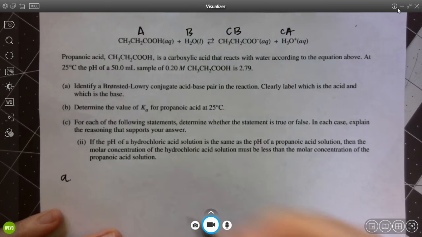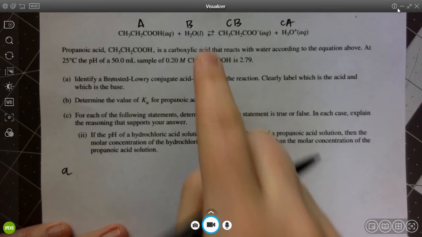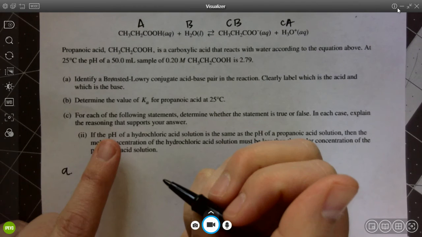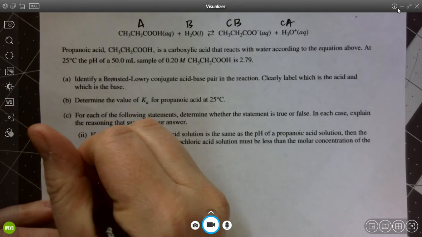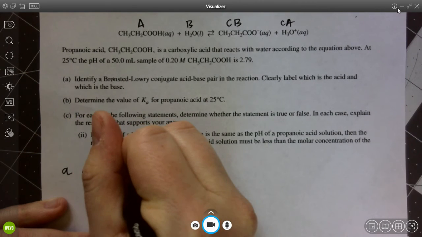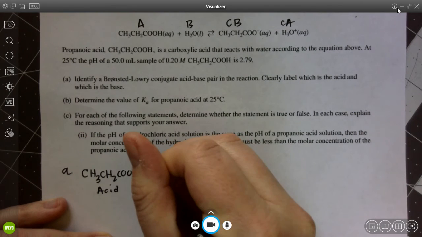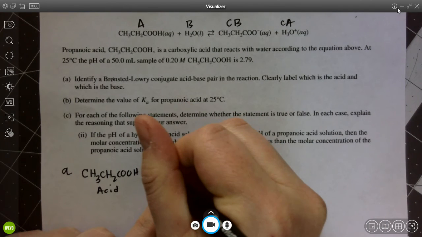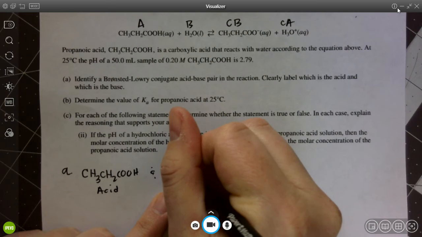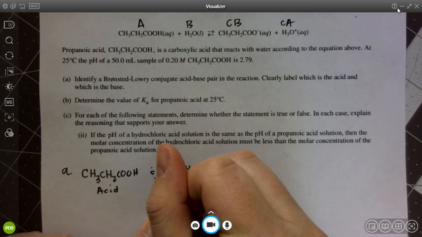So for A, I would not be confident that this labeling alone would be enough, so I'm going to identify a pair. I'm going to put my formulas here, CH3CH2COOH, and label that as the acid. Then I'm going to put down my conjugate, and that's my conjugate base.